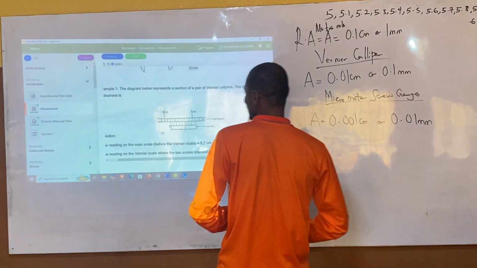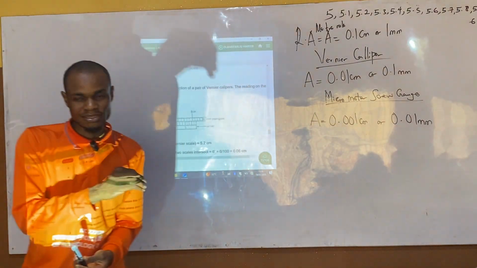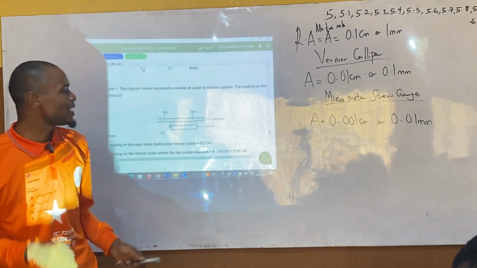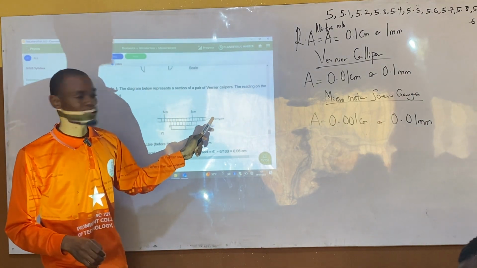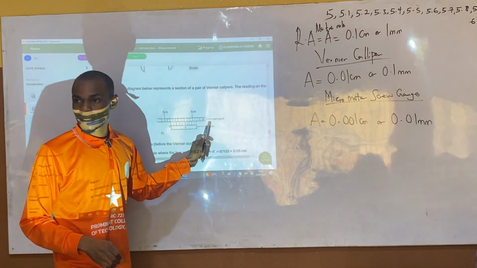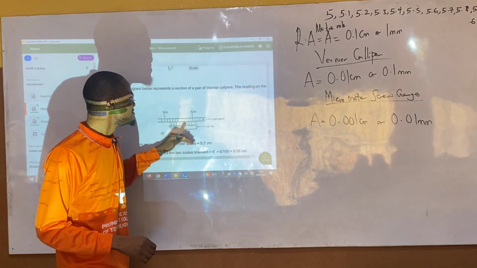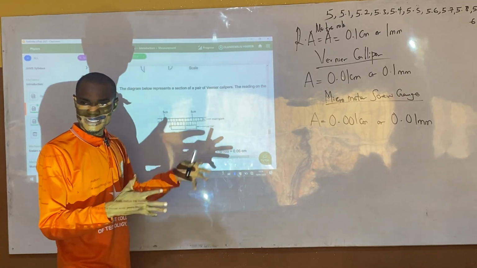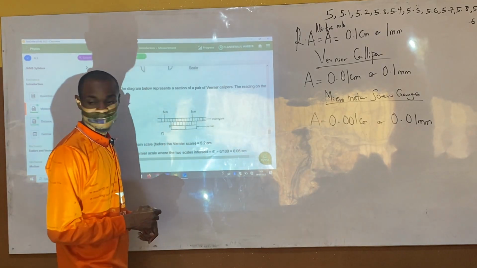So now the next thing is to learn how to read those scales. Am I communicating now? You have learned how to identify each number. The next is how to read each scale, and how to merge it together to form your readings.